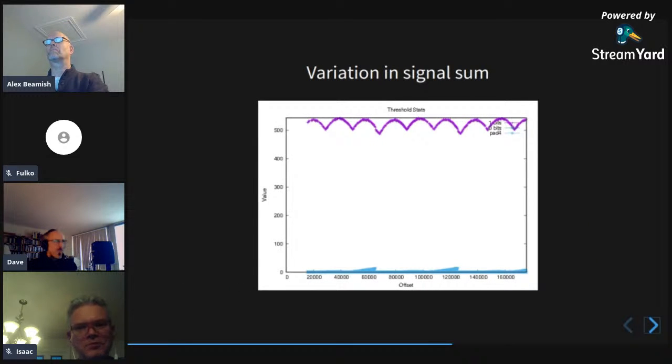So, if I take the recorded data, this is sort of what it looks like, and you can see a regular pattern in that running sum. The top in the purple, I assume it comes through okay, is the running sum, and the axis is basically the offset in the file.